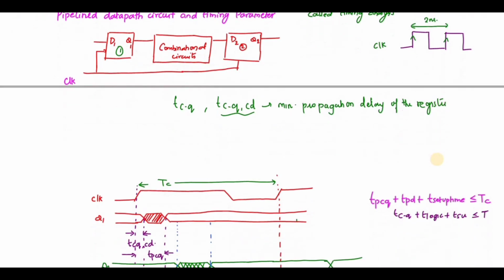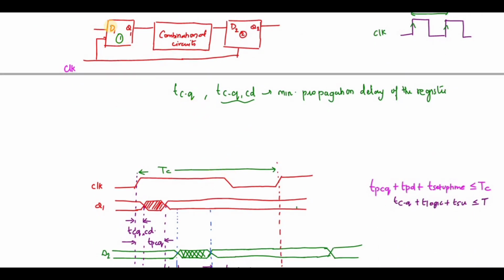So if this is my clock period, and I give D1 as my input, it will reach Q1 after some time period, right? That is nothing but TCQ CD, the minimum propagation delay, and this one is TPCQ, which can also be written as TPCQ.